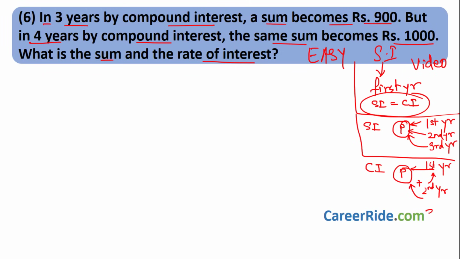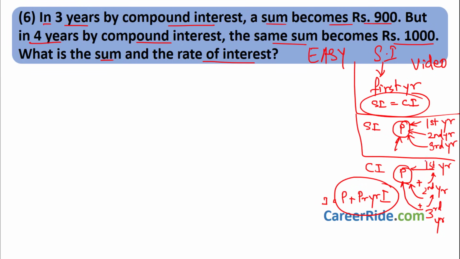After the third year you will get the interest which is calculated on amount P plus the second year interest. That means every year you are getting the interest which is calculated on amount P and the previous year's interest. That is the reason we call it compound interest. It is not simple like simple interest, which is calculated just on P.